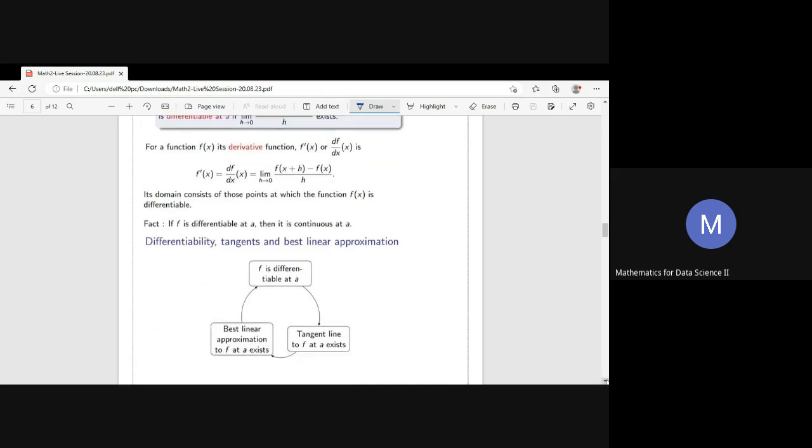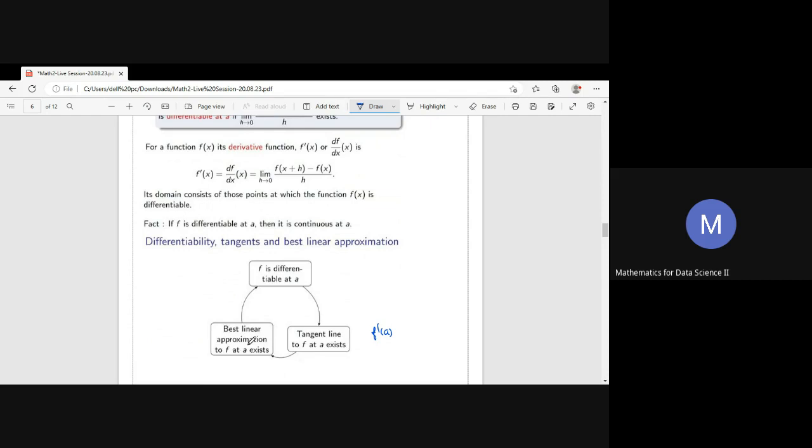And if f is differentiable at a, then the tangent line of f at a exists, and the tangent line involves the expression f dash of a. The best linear approximation is nothing but the equation of the tangent line at the given point. So you see that all these are interlinked.